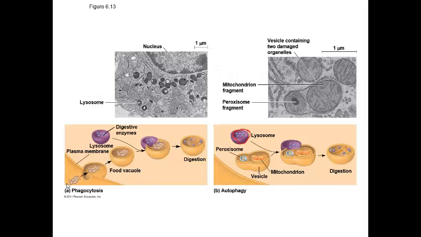When a macrophage engulfs another cell through phagocytosis, the cell membrane is going to indent and wrap around that object, and it's going to form a vesicle that you see right here, a sac of membrane, that we call the food vacuole. The macrophage could use this to engulf something like a bacteria. That food vacuole will then travel to the lysosome, it will fuse with the lysosome, and the digestive enzymes inside the lysosome will destroy that bacteria.